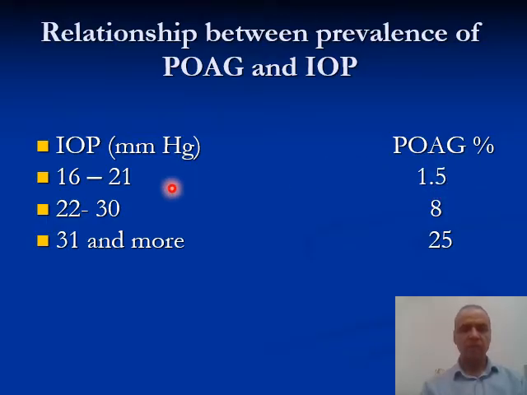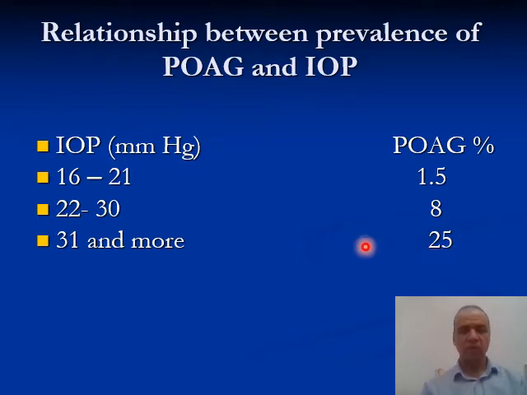If there is a rise of intraocular pressure between 22 and 30 millimeters of mercury, the prevalence of primary open-angle glaucoma is 8%. And when there is a further rise of intraocular pressure, above 31 millimeters of mercury, the prevalence of primary open-angle glaucoma is only 25%, not 100%.